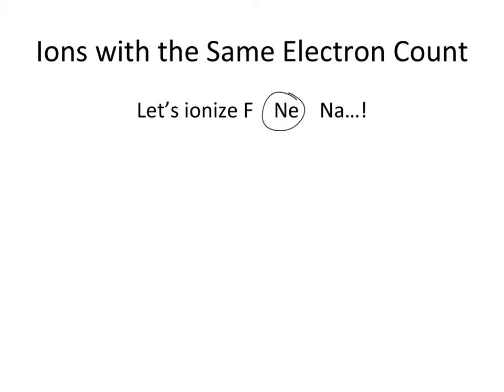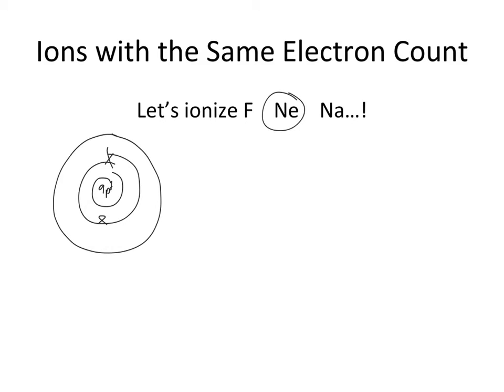So fluorine, okay, it has 9 protons in the center. It has a first shell with 2 electrons. And then it has an outer shell of 1, 2, 3, 4, 5, 6, 7. So it only has to gain 1 electron. So let's let it gain that 1 electron, and it gains it from, for example, a metal. It's going to have an overall negative charge. Okay, so this is F minus.